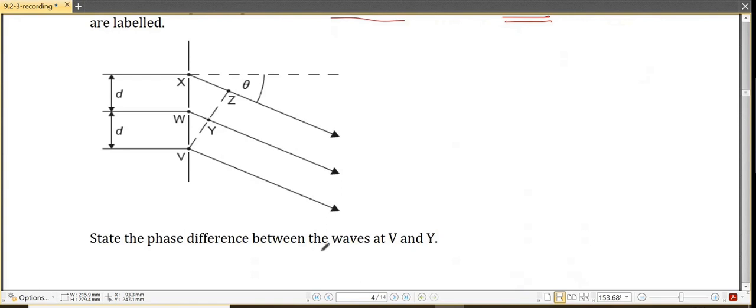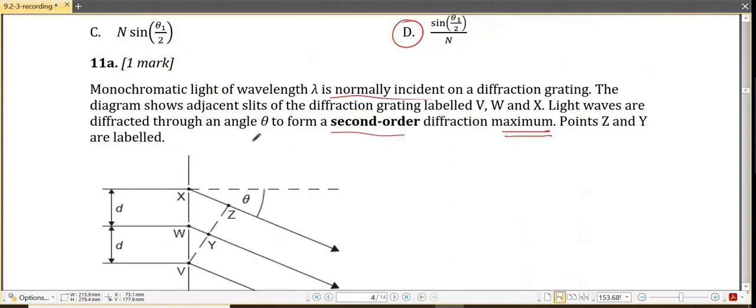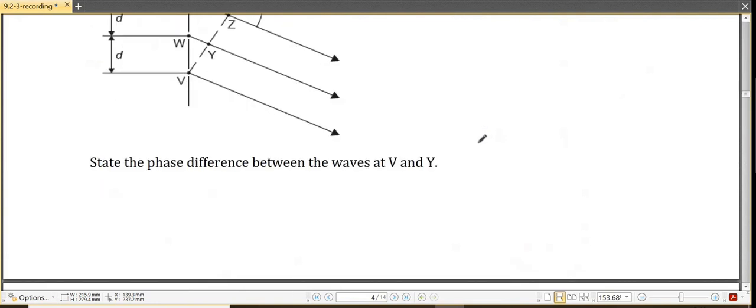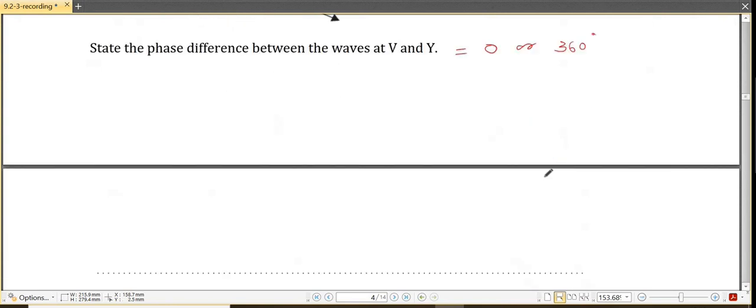State the phase difference between the waves at V and Y. Because the question says it is forming a maximum, the phase difference between them has to be 0 or 360 degrees. Because it's a max. If it was a minimum, we would have assumed it as 180 degrees out of phase.